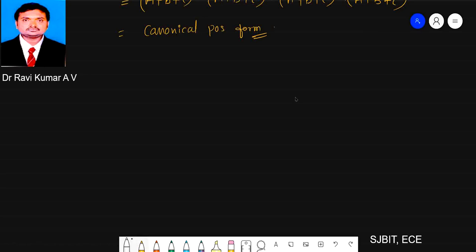The next important concept is generation of the switching equation. We need to generate the switching equation. How to generate the switching equation?